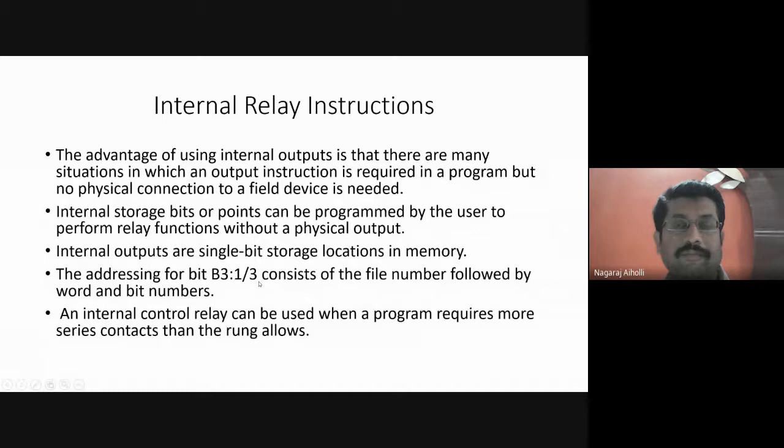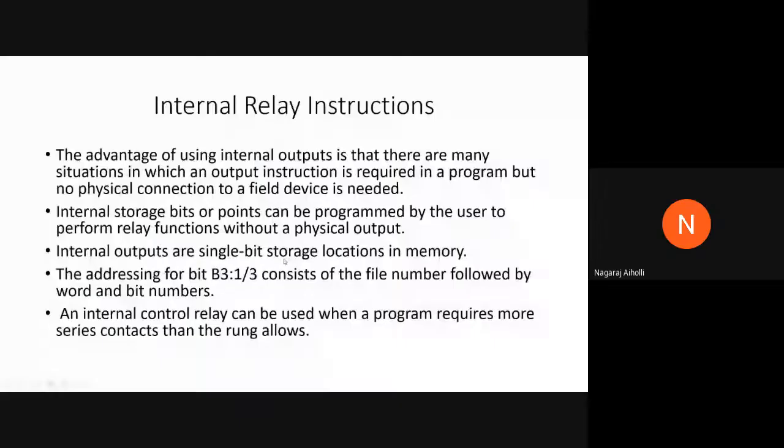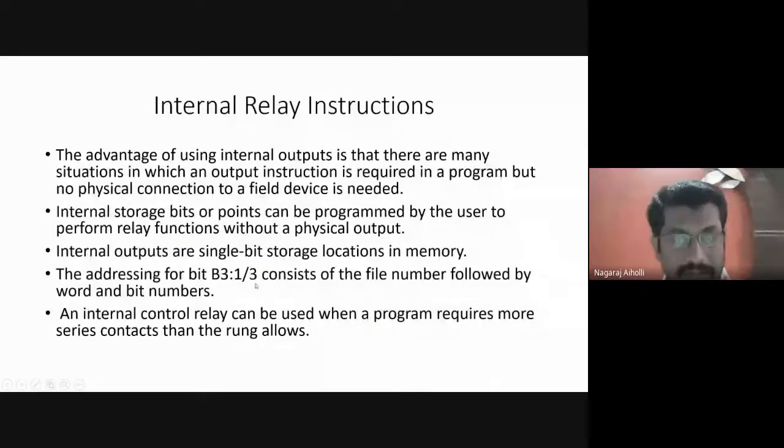So under file B3, word number 1, the bit that is used here is bit number 3. File number B3, word number 1 and bit number 3. So this consists of the file number followed by the word and bit numbers.